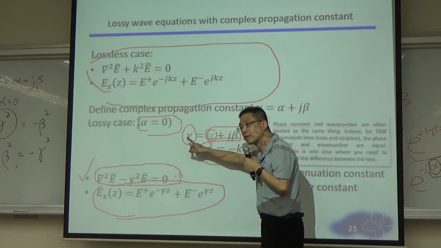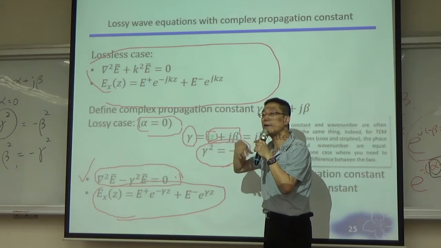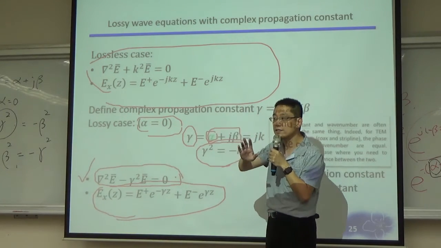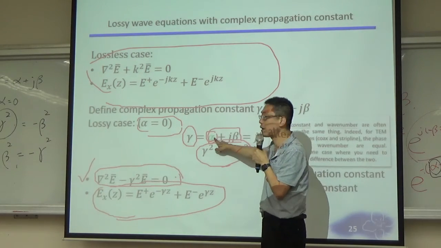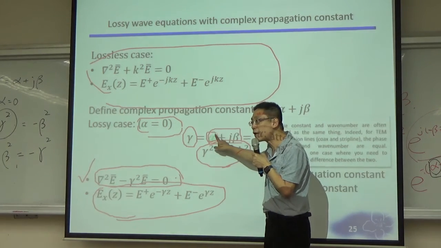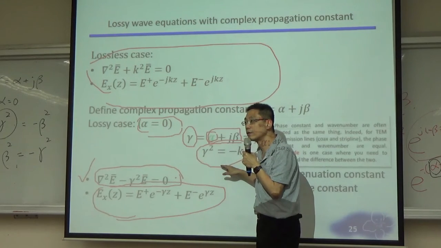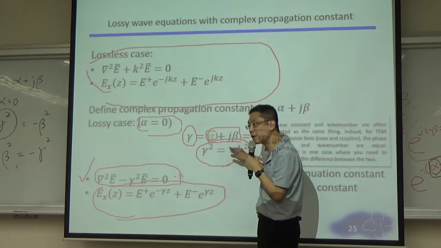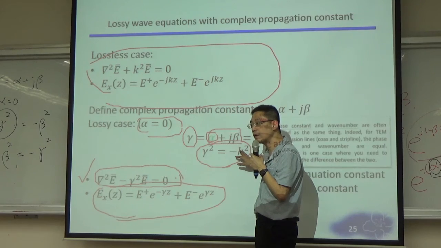I'm trying to make the lossless case make more sense. That is a special case if alpha is 0. Okay? If alpha is not 0, of course, this is not true. There will be some more complex parts.